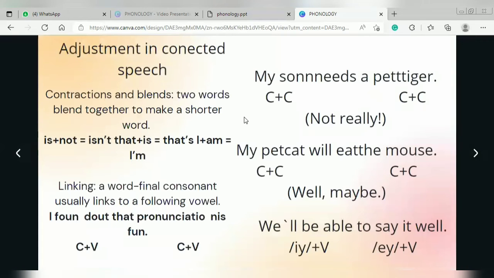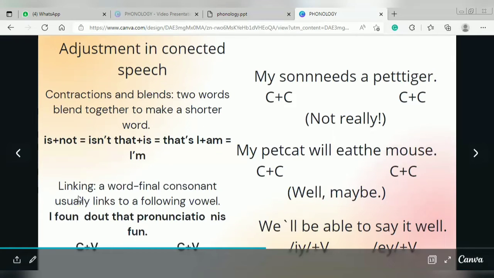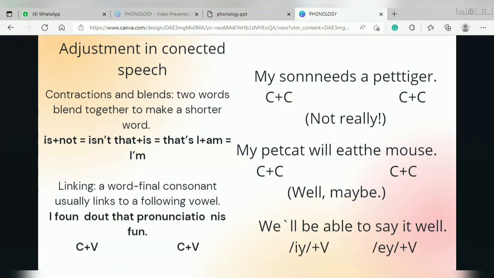We continue with adjustments in connected speech. This adjustment also has two parts: contractions, and blends and linking. The first part occurs when two words blend together to make a shorter word. For example, we have is and not.